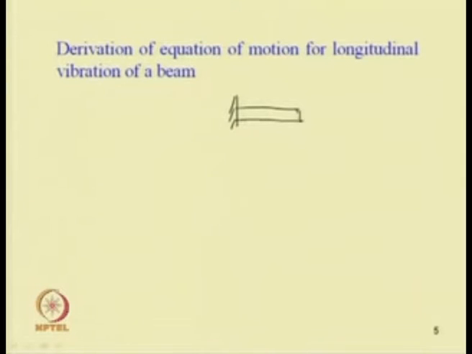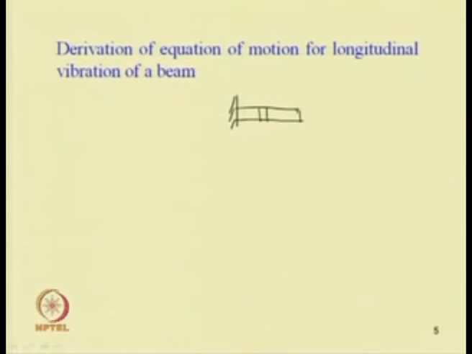The difference between a continuous system and a discrete system is that the continuous system is a distributed mass system, and it has infinite degrees of freedom. Each point you can consider as a spring and mass system. In this infinite degrees of freedom system you can have an infinite number of natural frequencies.